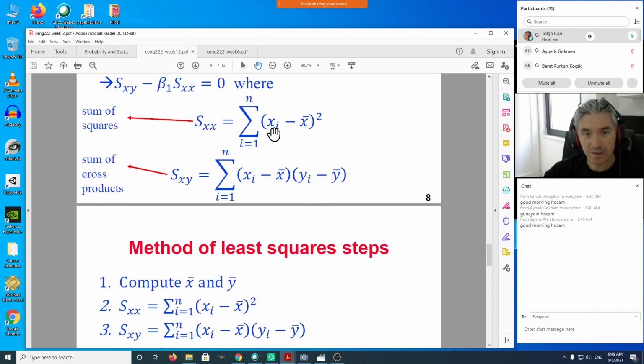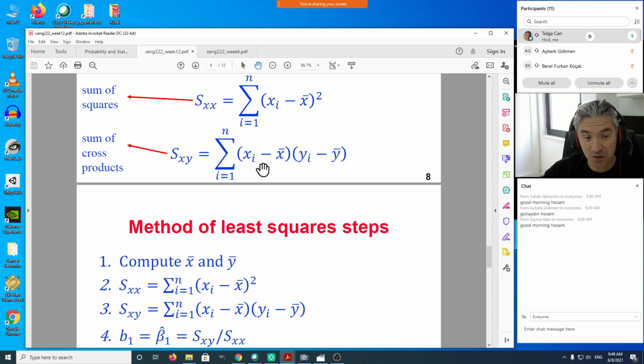And if your data is available, I mean, if the xi's and yi's are available, you know what x bar and y bar are. These are sample averages from both of these observations. These are easily computable by writing a simple for loop. If you have some data of size n, in linear time you can compute SXX and SXY.